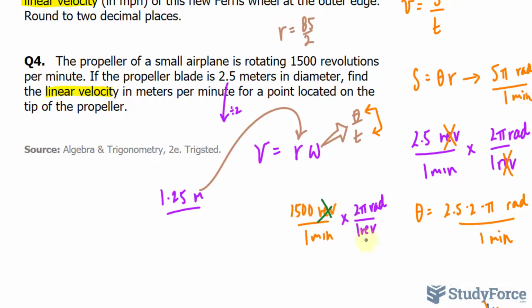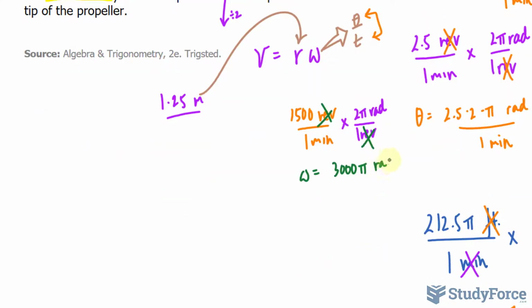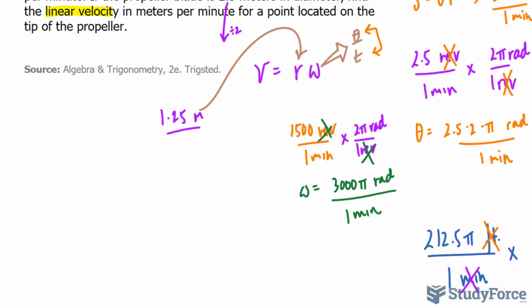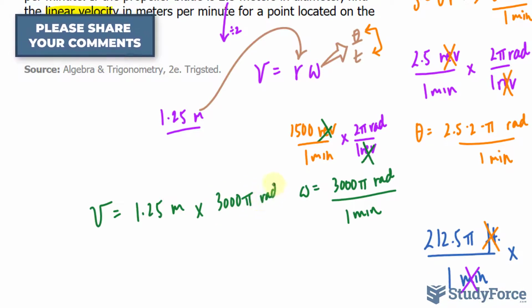That cancels out, and we are left with an omega value of 3,000 pi radians per 1 minute. Now, taking this value and multiplying it to the radius will give us the linear velocity. So v is equal to 1.25 meters times 3,000 pi radians per 1 minute.